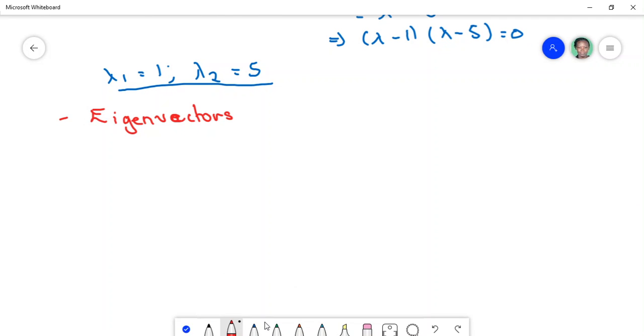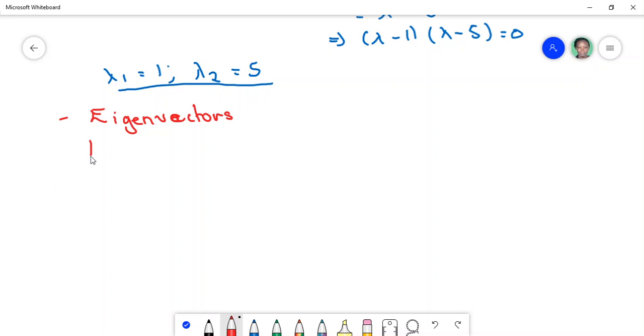So let's pick for each one. For lambda 1 equal to 1, we established that AX is equal to lambda X. What are we looking for?